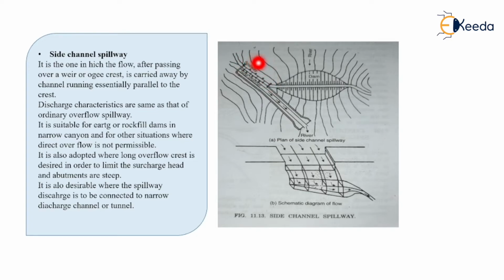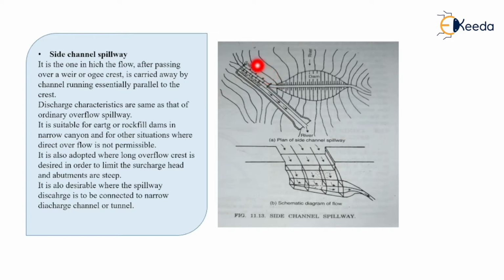Basically, once the water level increases in this upstream section, the increased water will pass through this spillway crest. Generally the shape of this crest is given as an ogee, that is a smoother one. The water passing over this is carried in this channel, which runs essentially parallel to the crest.